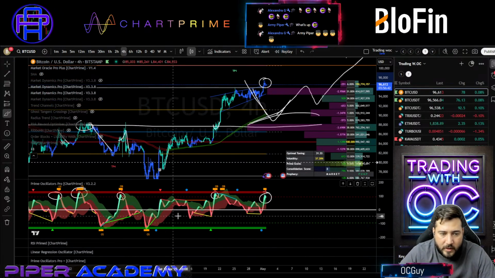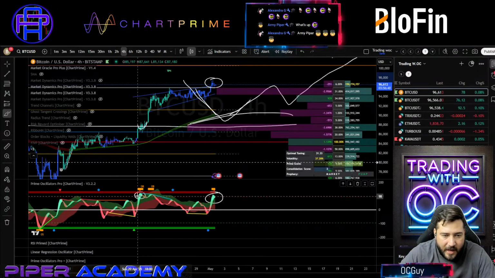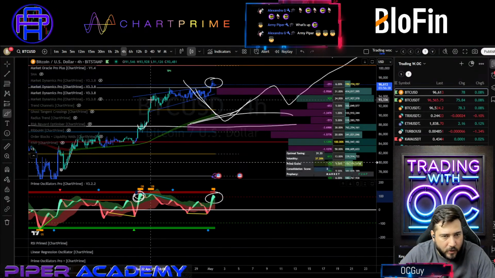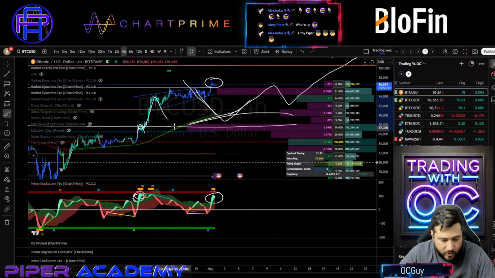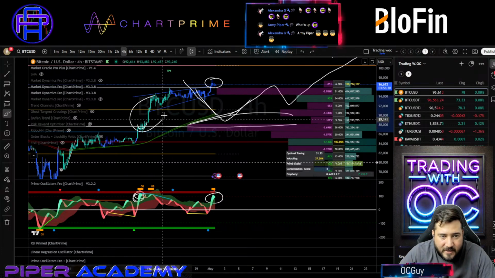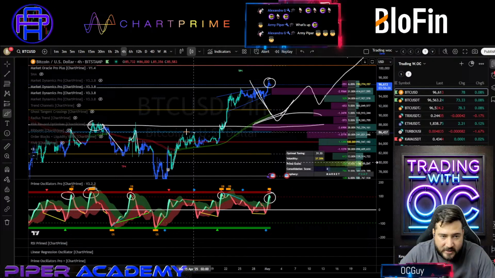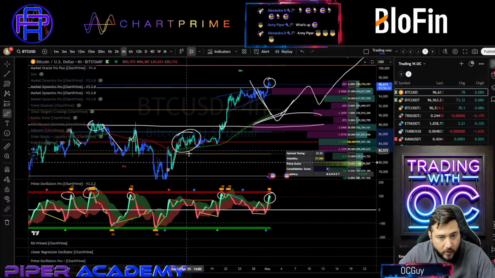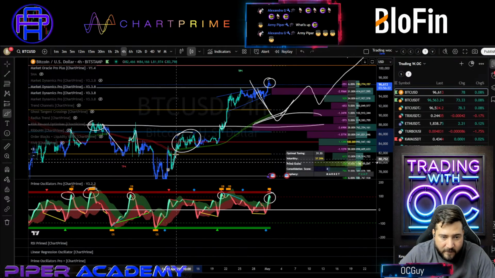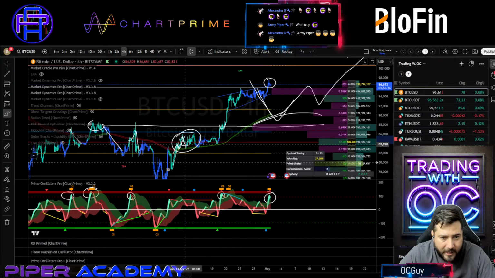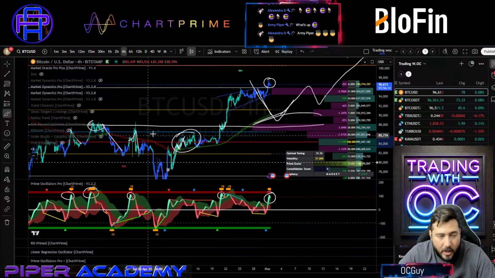So what can we learn from this? Well, when we start having goose heads in here, we could be looking for a little pullback, then a further continuation and then a major pullback. This is not really what I'm looking for after a goose head, all right? This is more of what I'm looking for with a goose head. So when I have this kind of goose head, then I have a further continuation, a little retracement with a further continuation and then a bigger pullback.